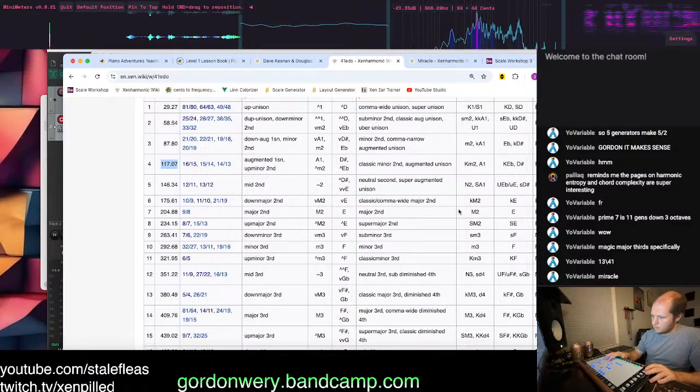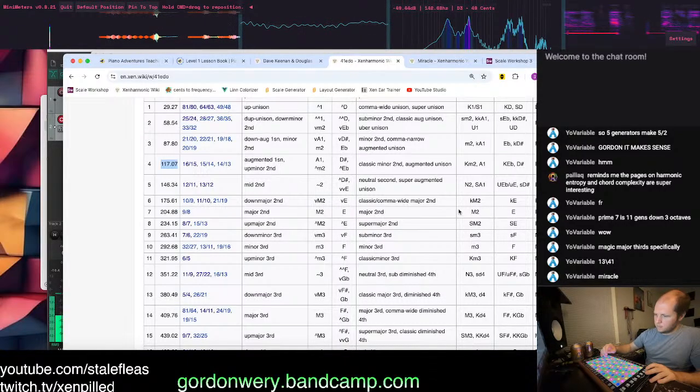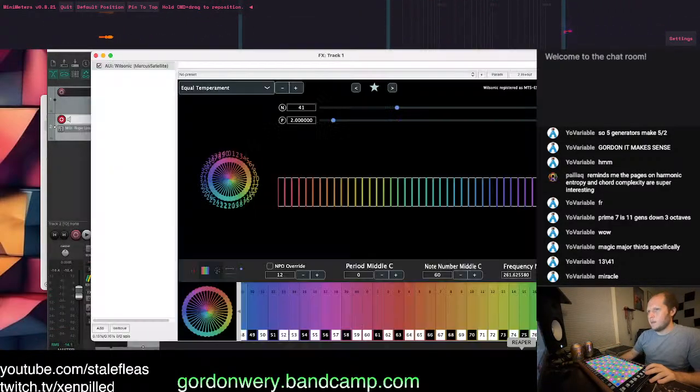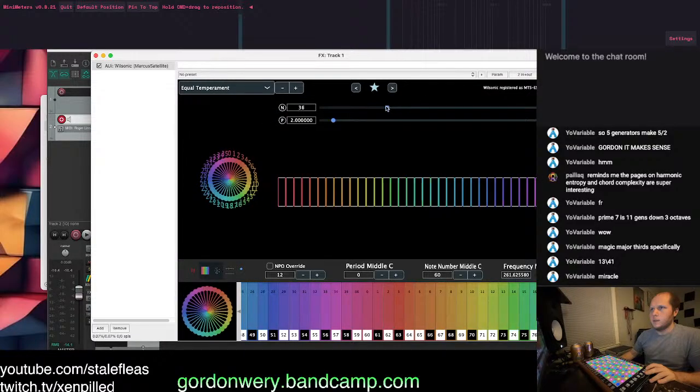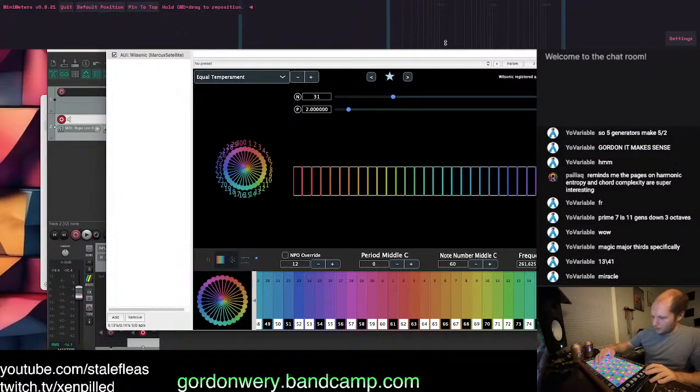And then the thing in the middle of that is your neutral third. If you move that middle note up, you get your major third, and then your minor third below that. Wait, if you in 31, sorry, I'm going kind of fast. No, you're fine, I'm just very slow.